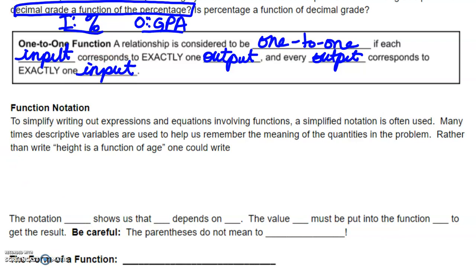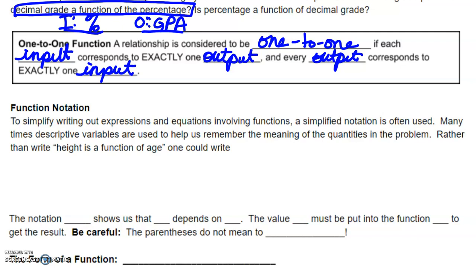So, the first statement corresponds to the fact that we have to have a function to begin with. Next, when I go backwards, that means that every output has exactly one input.